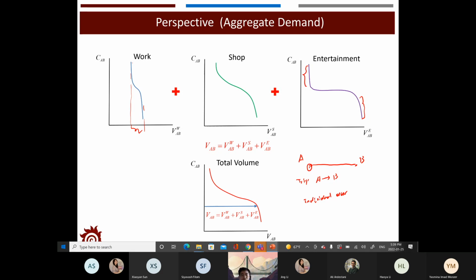And this kind of 1, 2, 3, and 1.5, 2.5, something like that, would be the individual trips, and that's the disaggregate demand. So disaggregate indicates how many trips will be generated by each person, and aggregate indicates how many trips will be generated by a group of people, the whole city, and so on.